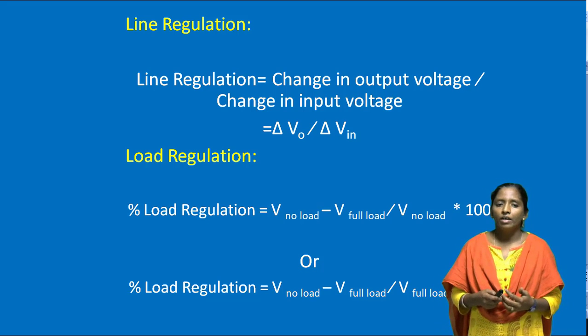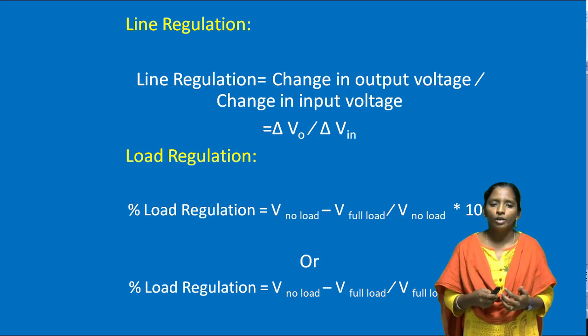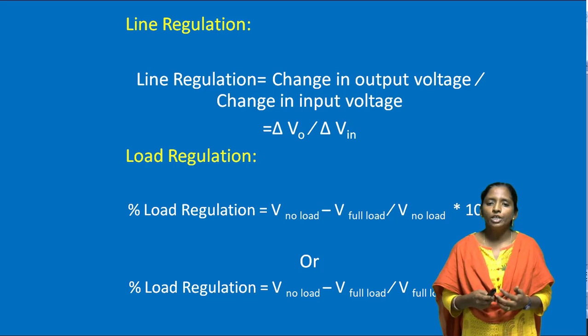Line regulation is the change in output voltage for a change in input voltage. That means delta V naught by delta V in is the line regulation. And one more is load regulation.